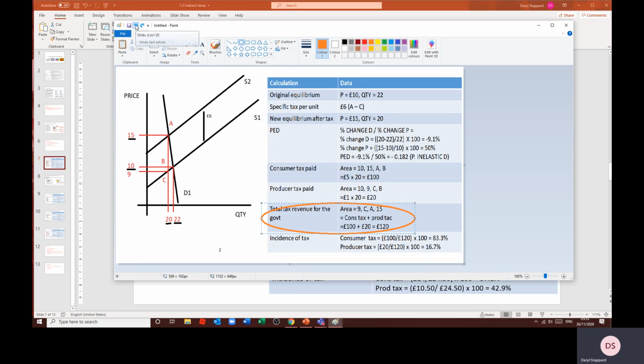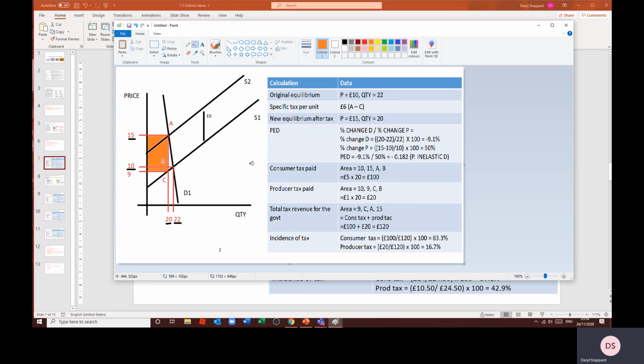Now what we can then do is to shade in this tax revenue area. So that is the tax revenue generated in this marketplace. Remember, it's the £6 multiplied by the 20 units of output bought and sold. What we can then do is to calculate the incidence of tax.